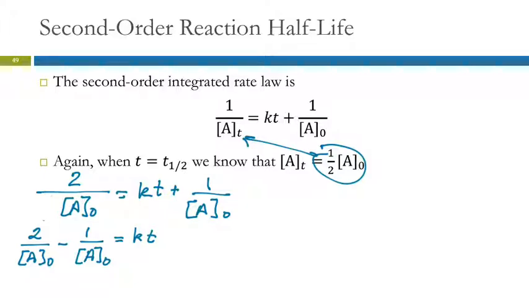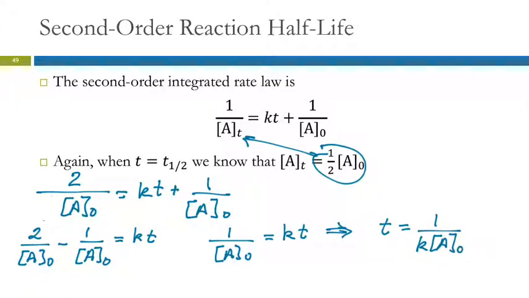So 2 over A minus 1 over A is 1 over A. We get 1 over A0 is equal to kt. I want t by itself, so I'm going to divide both sides by k, and then I'm going to reverse it so that t is on the left instead of the right. t is equal to 1 over k times A0. That's the half-life expression for a second-order reaction.